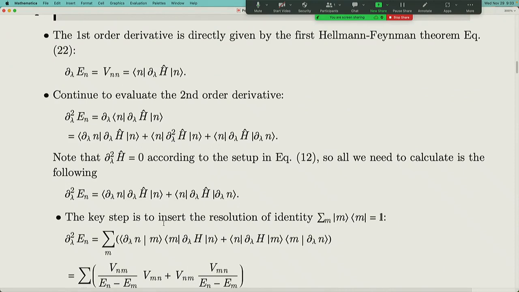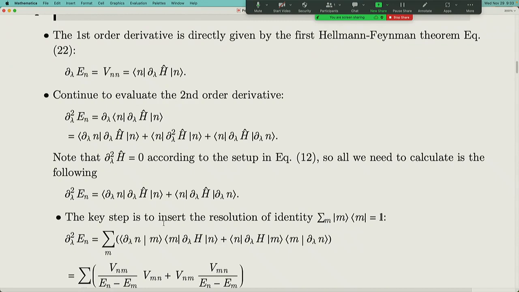The way to do that is you grab the result of the first order derivative and apply another derivative operator in front of it. The second order derivative is to take an additional derivative with respect to this expression, because this V operator is essentially the first order derivative of the Hamiltonian operator.